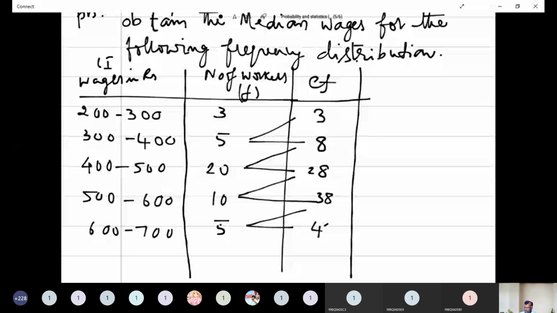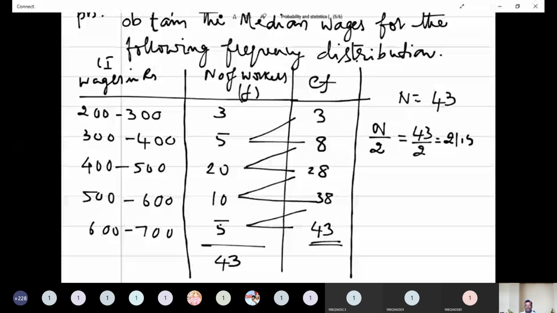Therefore the total, summation N, is equal to 43. Whenever we need to find the median, first we have to find the total frequency N and the corresponding N by 2 value. N by 2 is 43 by 2, that is equal to 21.5.